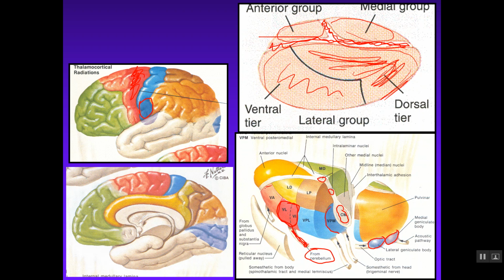And then here's the VA, which is the basal ganglia: the globus pallidus internus and the substantia nigra reticularis, the output nuclei of the basal ganglia, send their axons up to the ventral anterior part of the thalamus, which then projects up to the motor planning areas to release what motor activity you're going to do. That's that part of the basal ganglia loop.